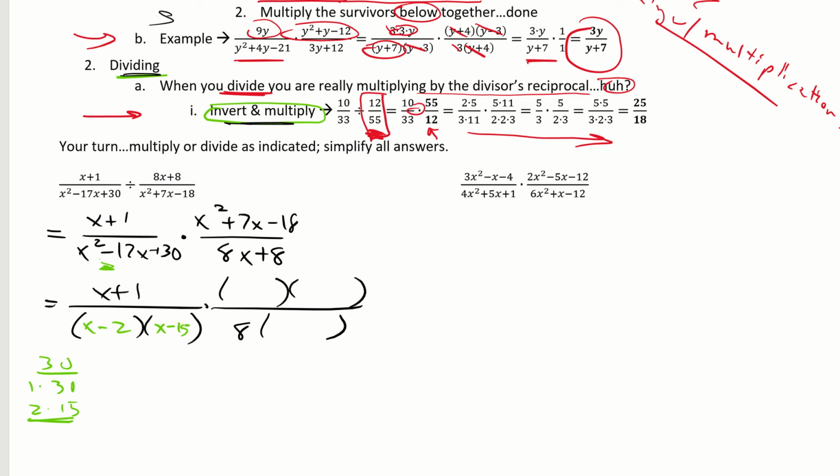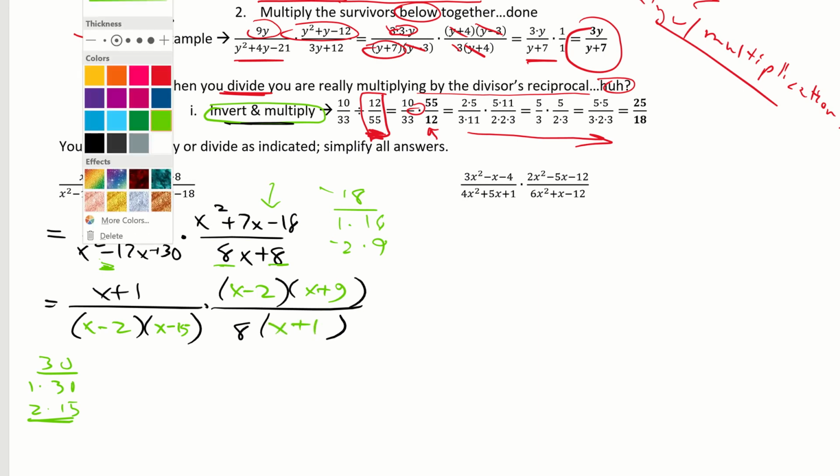Check it in your mind. Adds up to minus 17. Multiply. Yeah, we're good. The other one, you got to do 18, and they have to have a difference of 7. So 18 is 1 times 18, 2 times 9. If I made the 9 positive and the 2 negative, because it's a negative 18, we're in good shape. So you get x minus 2 and x plus 9. And then finally, if I factor out 8, divide each by 8, you get x plus 1. Okay. That's the hard work right there.